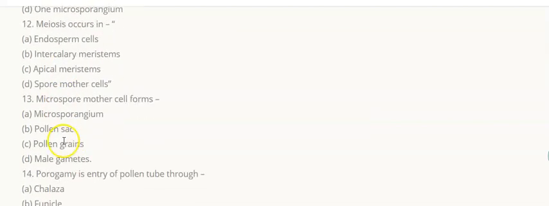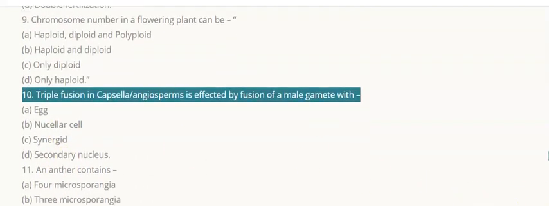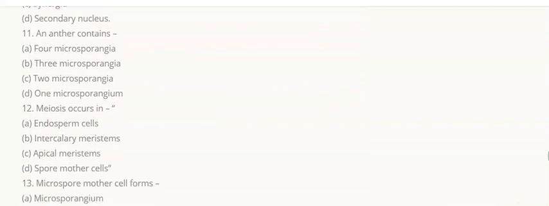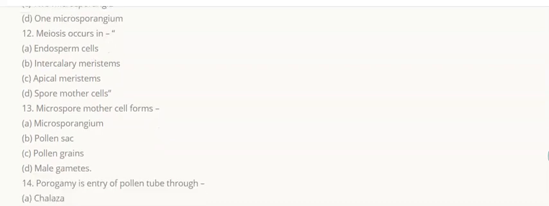An anther contains, here you may like to refer to the figure of an anther. It has 4 microsporangia, 3 microsporangia, 2 microsporangia, and 1 microsporangium. So the correct option is E, that is 4 microsporangia. Then we move to our next question. Meiosis occurs in endosperm cells, intercalary meristems, apical meristem, and spore mother cell.